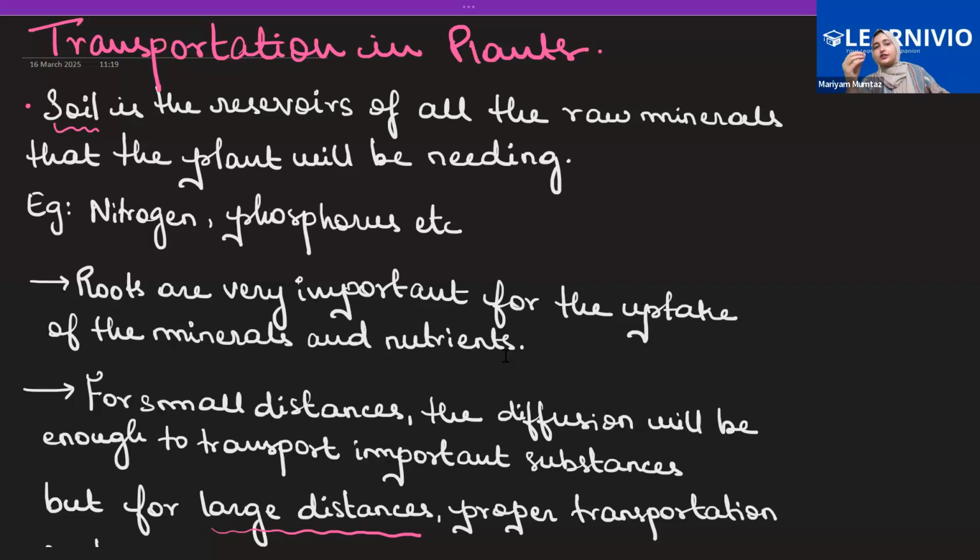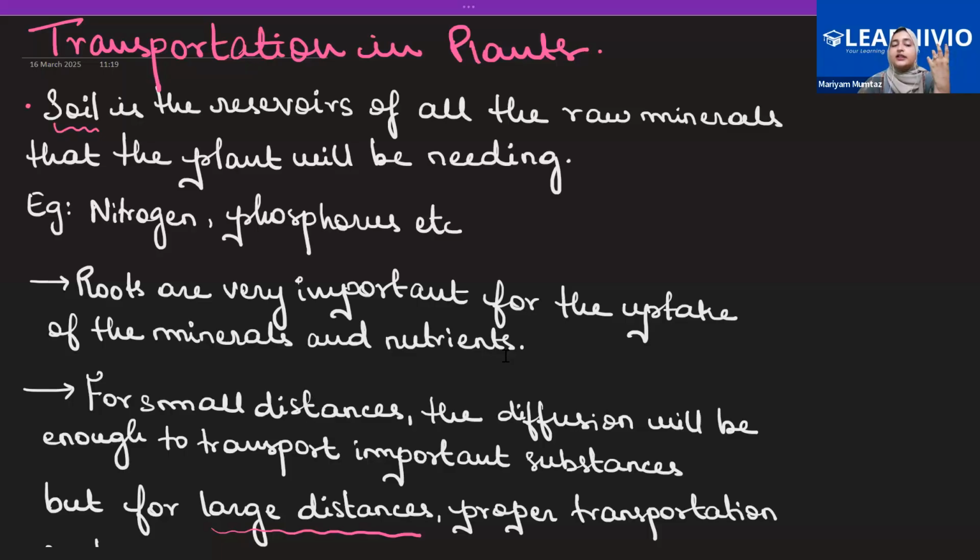For the plants to get the raw materials they require, the minerals and the nutrients, they get them from the soil, because soil is the reservoir for everything that the plants require. Like nitrogen, phosphorus, sulfur, all of these things the plant gets from the soil itself.